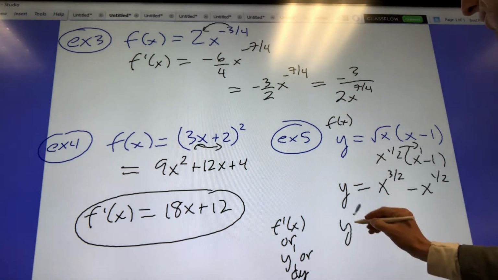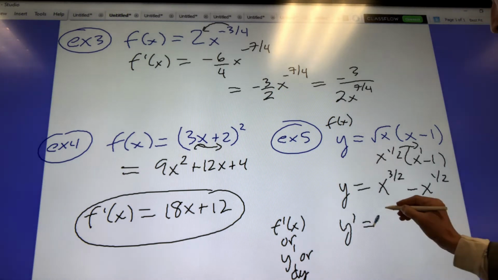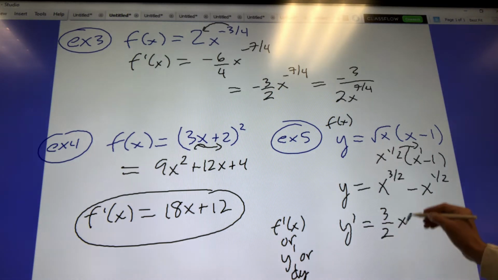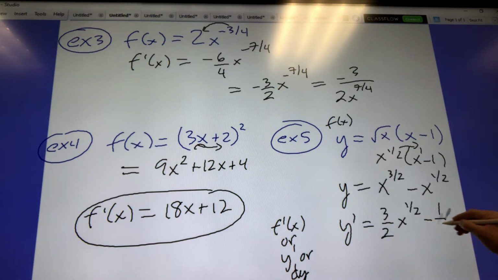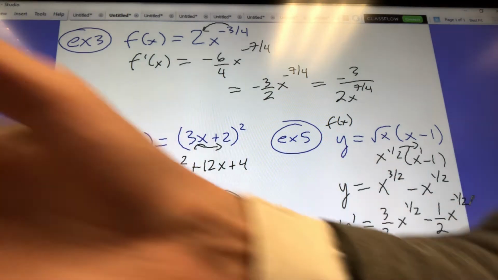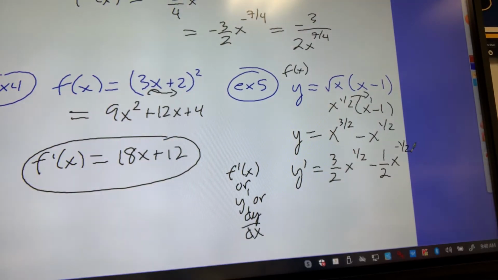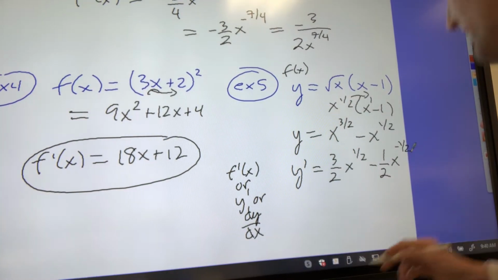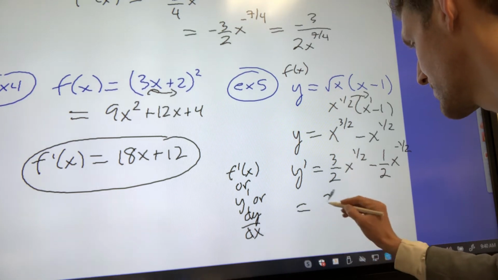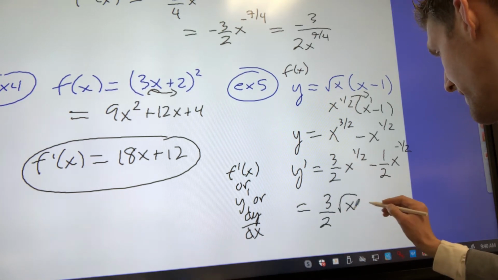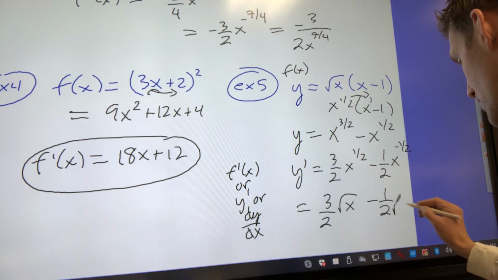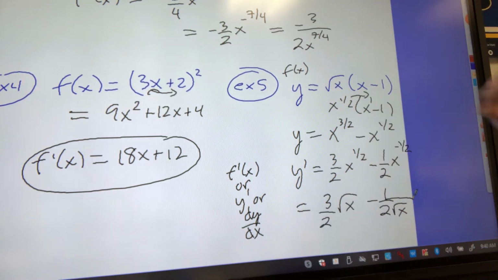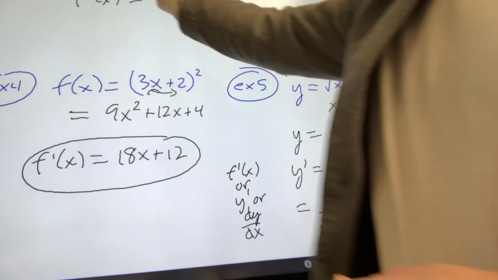Okay, so y prime would be 3/2 x to the 1 power less minus, bring the power down, 1 power less. Working with those fractional exponents is what's going to take the most work. Again, it's all about that algebra. Got to be good at it. So if we wanted to, we could call this 3/2 times root x minus 1/2 root x, because x to the negative 1/2 would be 1/x to the 1/2, which would be the square root of x.